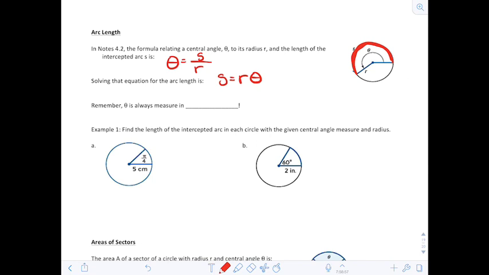And that's going to be very important. That's an important little formula for what we're about to work with in our applications. So using these same formulas, just manipulating them to solve for another variable, we have the arc length equal to r times theta. And one thing we want to remember is that theta is always measured in radians.